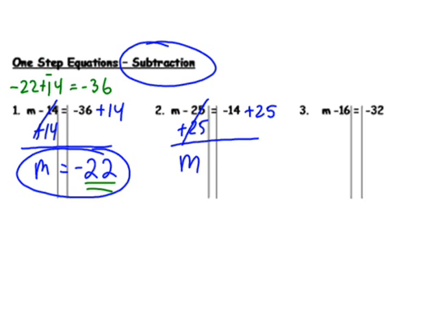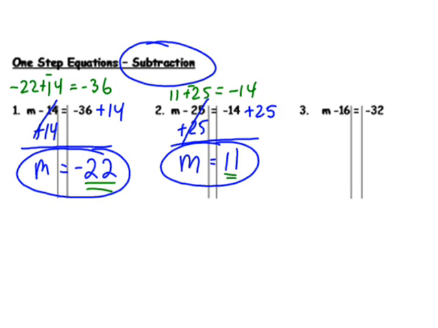So negative 14 and positive 25 would be positive 11. Let's double check that. We're going to substitute this in. Is 11 minus 25 negative 14? Well, if you add the opposite, 11 plus a negative 25 is negative 14, so it checks.